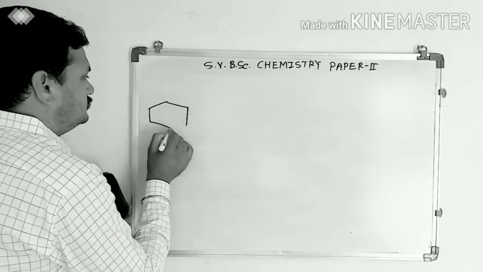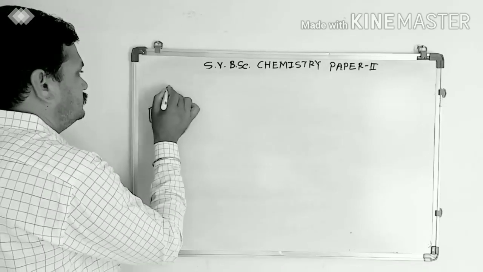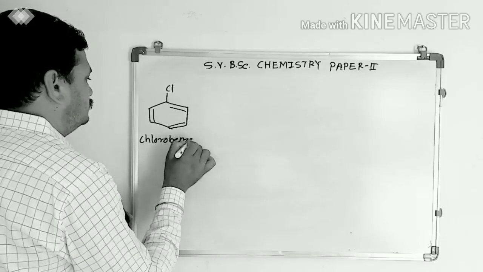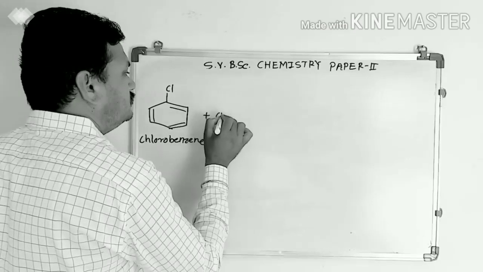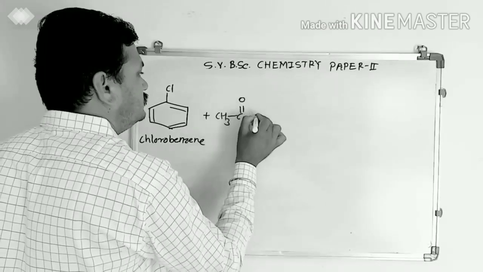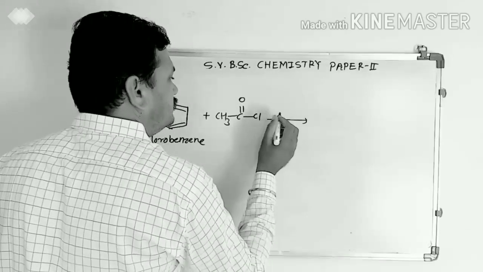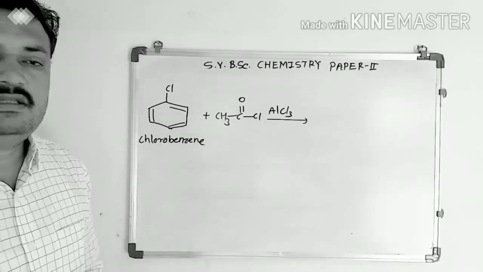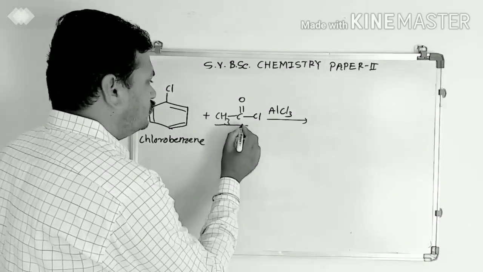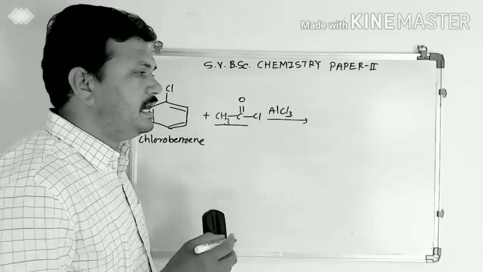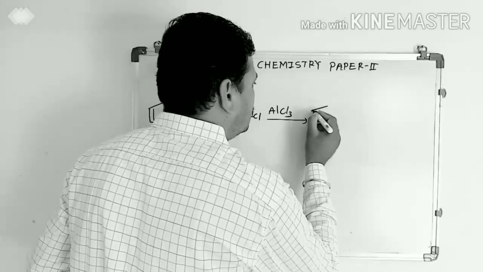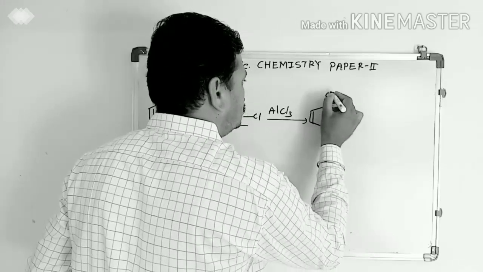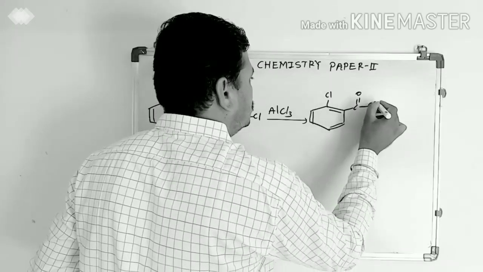Chlorobenzene on reaction with acetyl chloride in presence of Lewis acid catalyst AlCl3, then introduction of this acyl group into this aromatic ring takes place at ortho and para position. Again we get two types of the product, Cl C double bond O CH3.